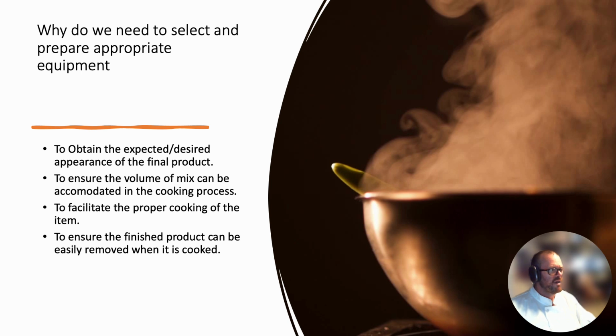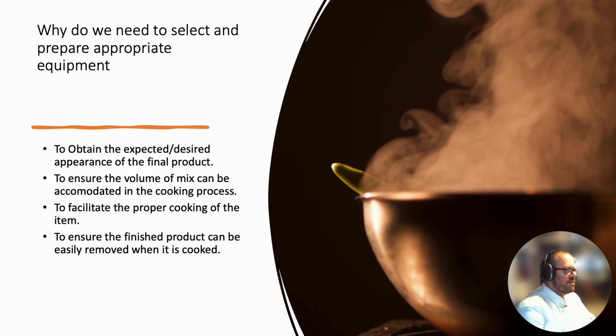Okay, so we are back here at knowledge test 2 and down at question 11, right? So selecting and preparing appropriate equipment. Why do we do that? Maybe we're talking about using the right product or the right tool for safety.